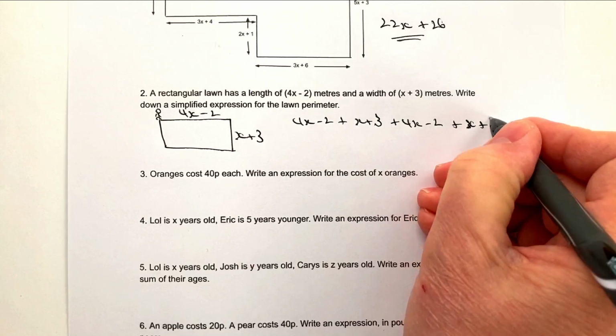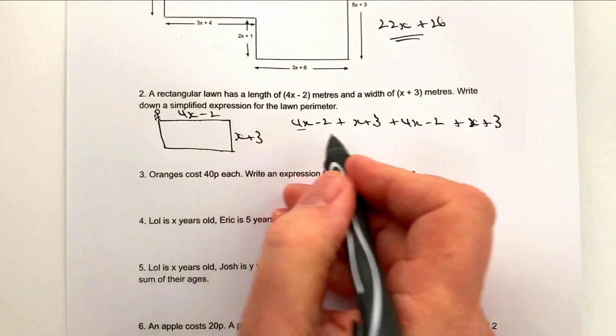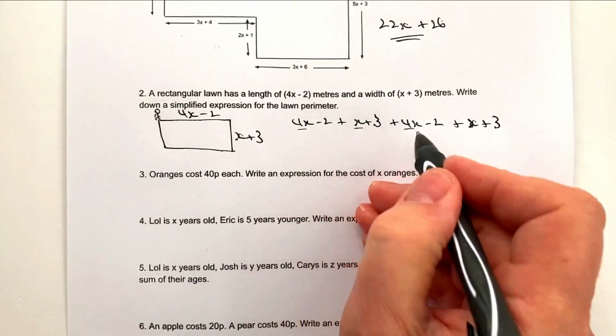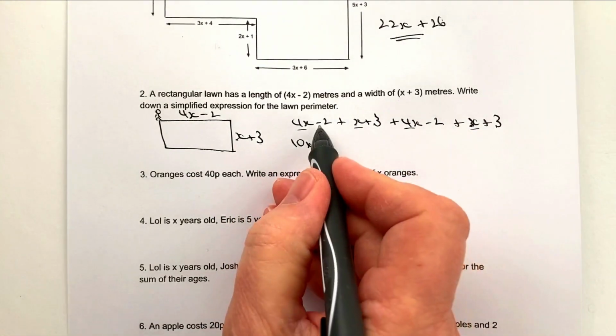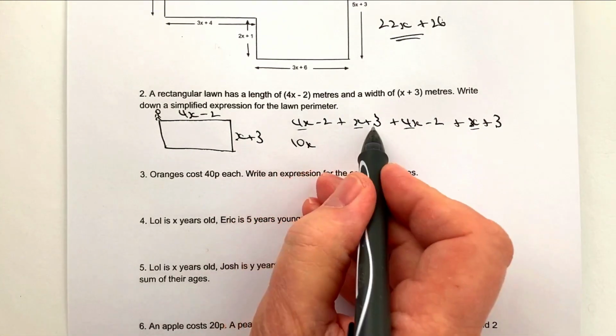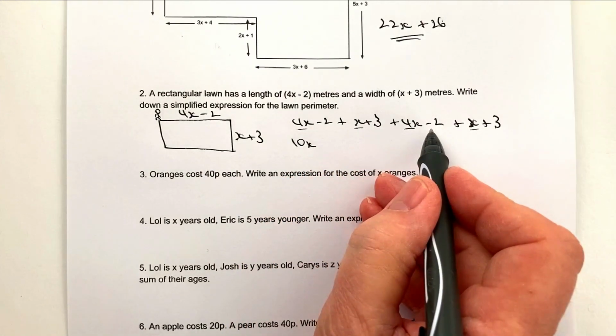Okay, so when I gather up the like terms, hopefully I'm going to get 4x plus x is 5x, 9x, 10x. Now be careful with the numbers because I've got a minus 2 plus 3. Well, that's 1. Then I'm minusing 2 again.